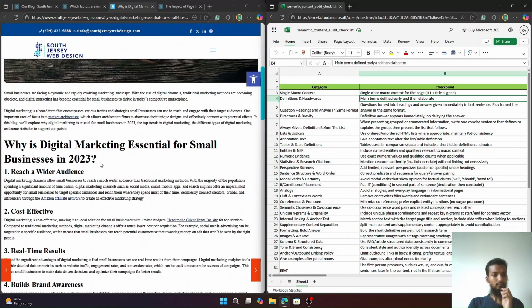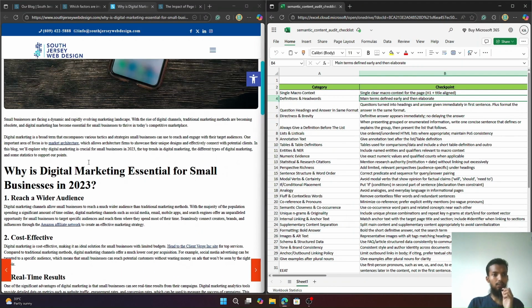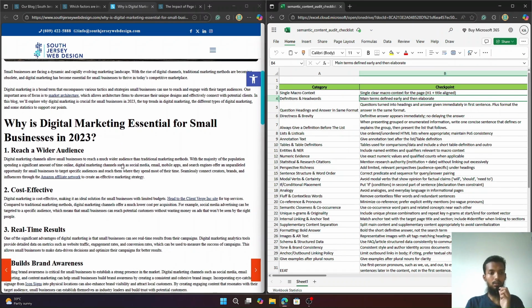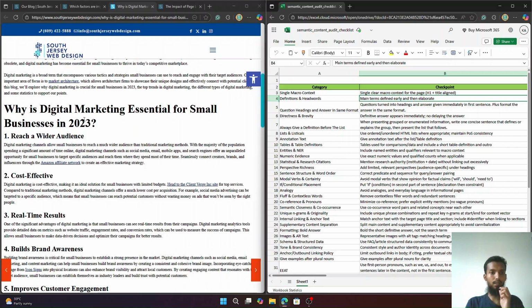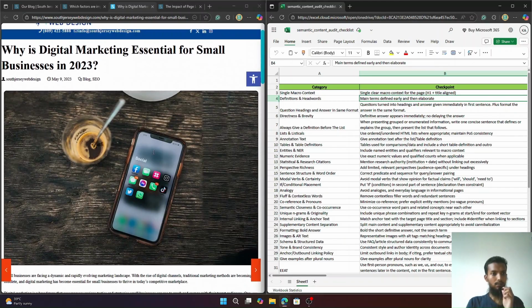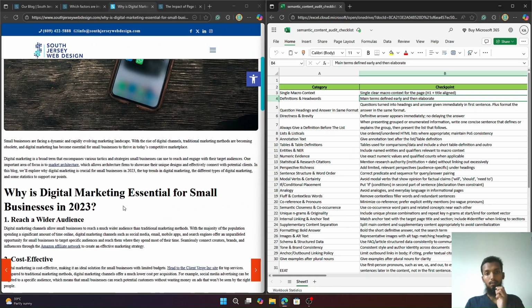And I don't think they did that, and I think they could do it in their contextual border, or before or after giving the benefits. What are the benefits of digital marketing for small businesses?